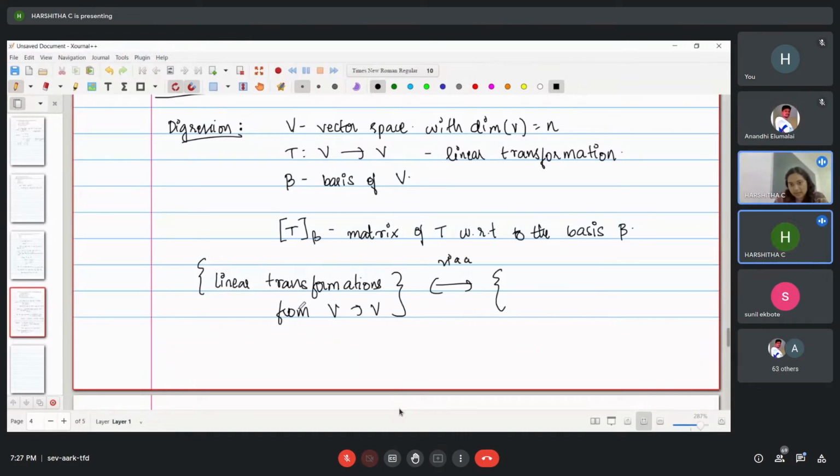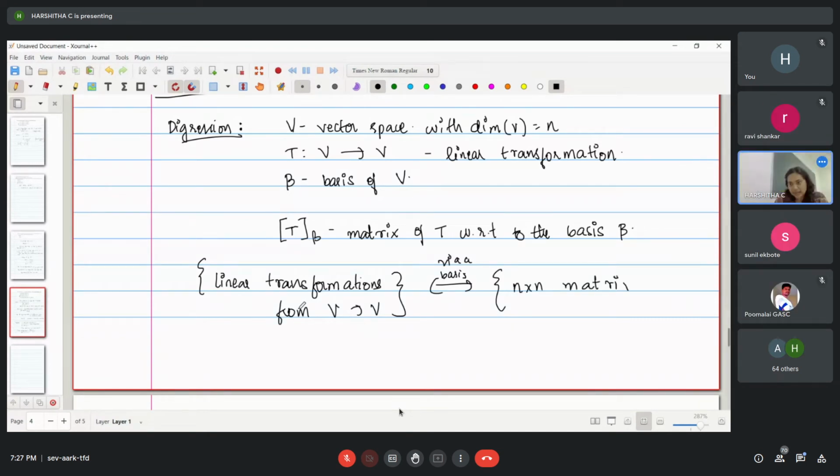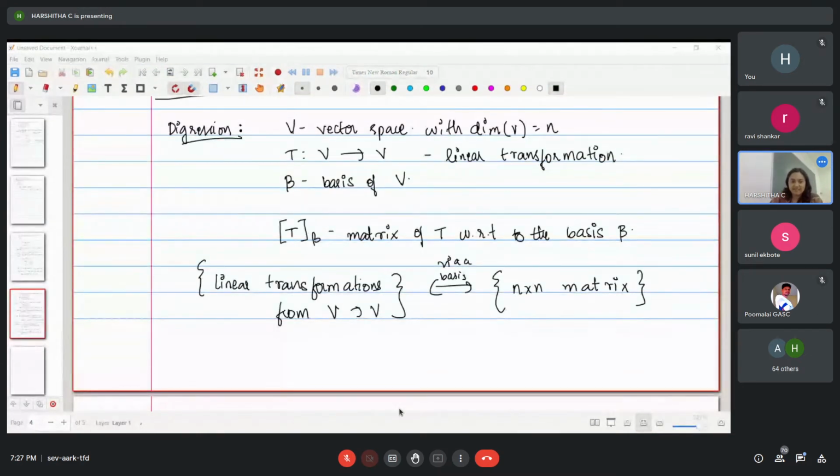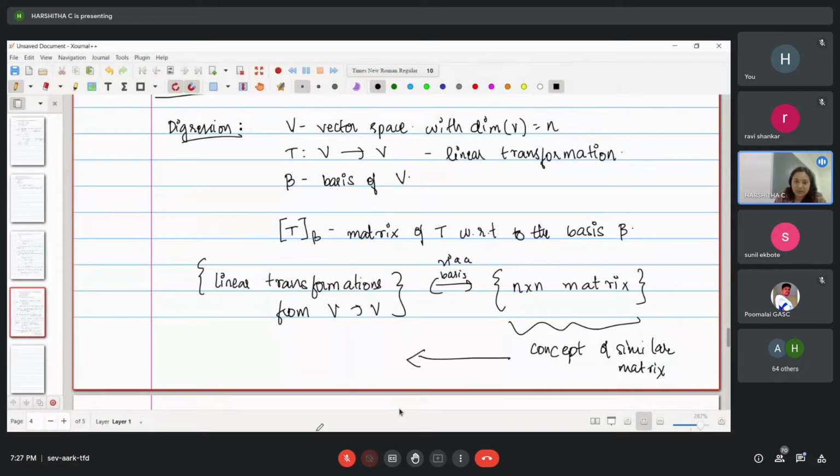Via a basis, we were able to associate an n cross n matrix. When we do this, there has to be some meaning or some need to do it, right? Here we have the concept of similar matrices. So what does this concept translate to here?